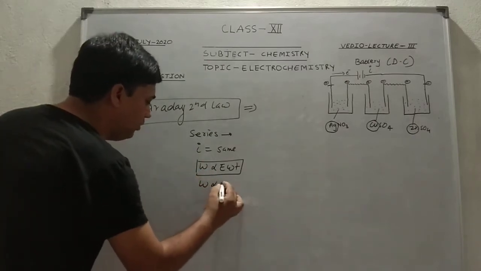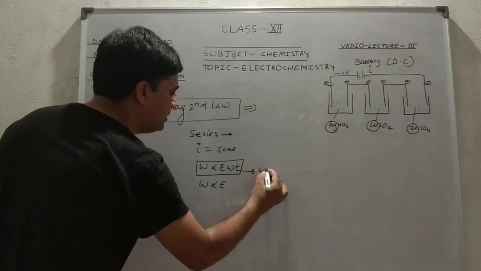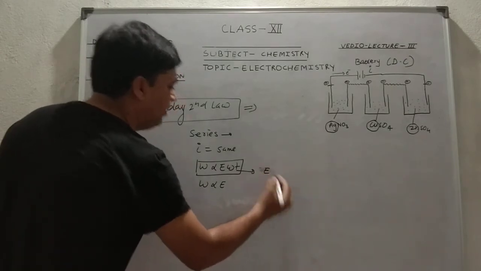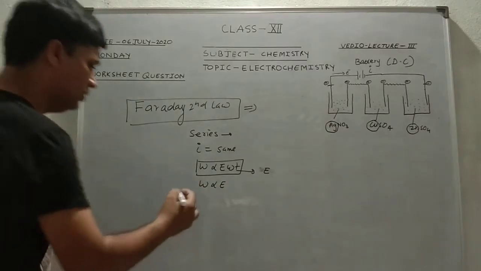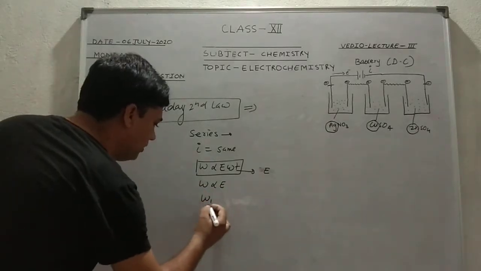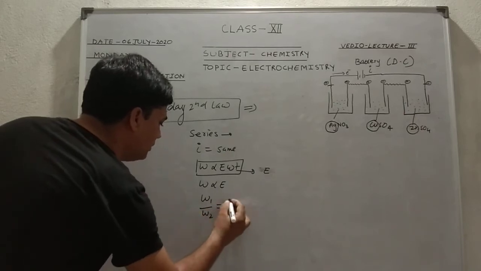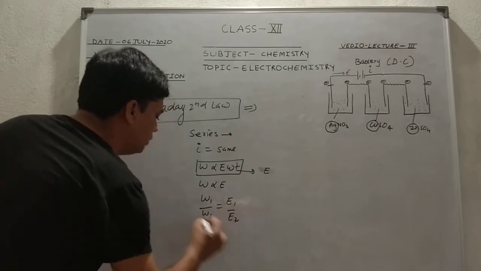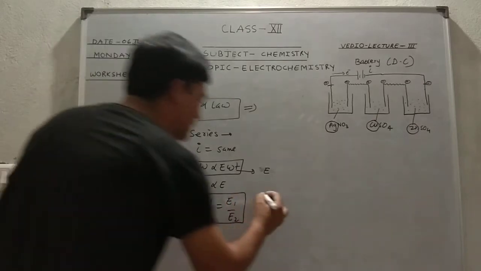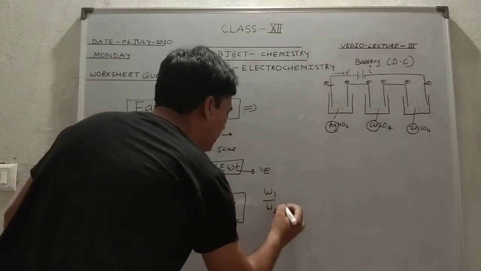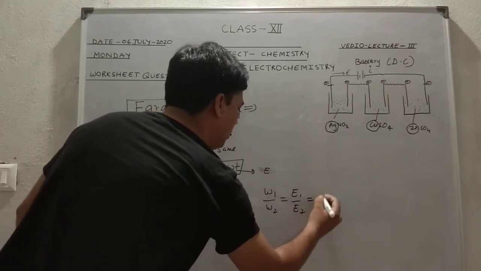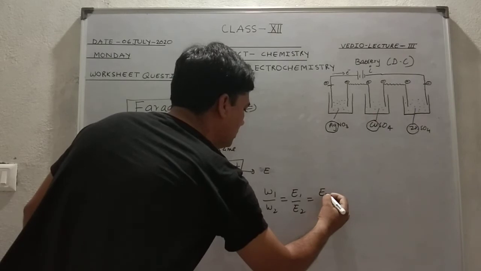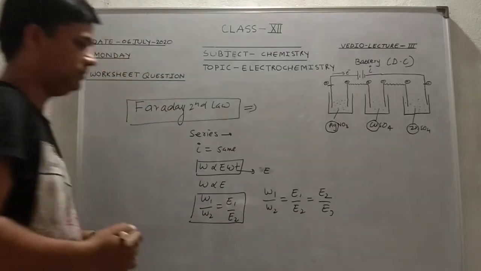So we can write W is directly proportional to E. We can represent equivalent weight with the symbol E. So W1 by W2 is equal to E1 by E2, or W2 by W3 is equal to E2 by E3.